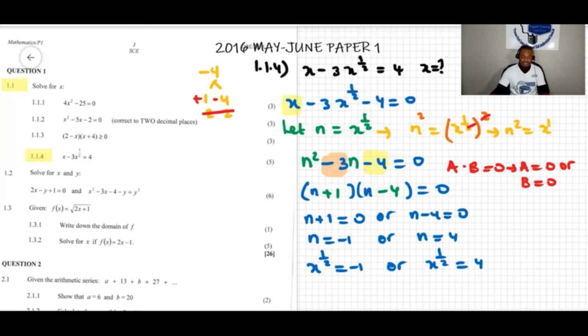Now if I need to find the value of x, what can I do? I will raise each side to the power of 2.